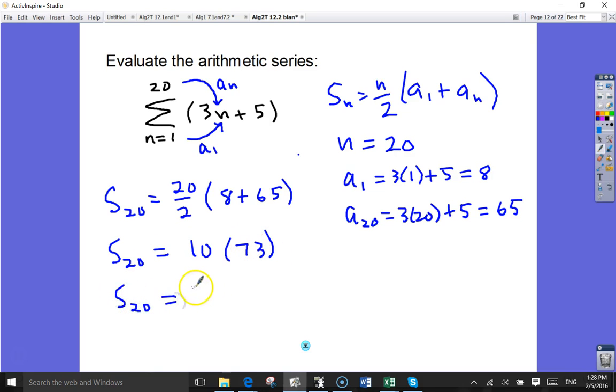S20 equals 730. So because you have the calculator, that has the summation notation, this is the kind of problem that I might not ask you to find the sum. I might say, how many terms are there? What's the first term? What's the last term? And then not ask for the sum. Okay.